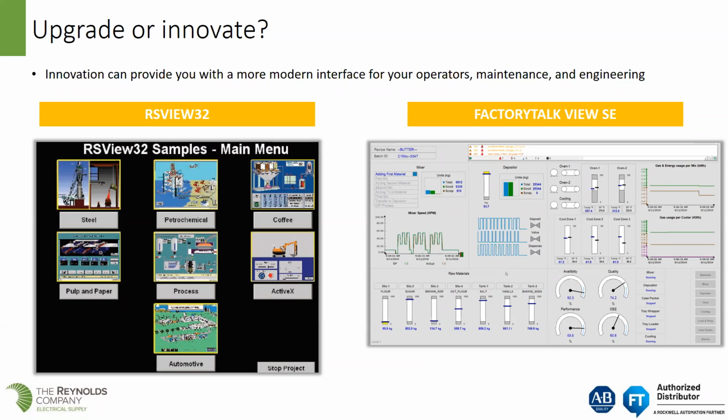RSView32 was introduced for the PLC5 and SLC architectures, in the mid-90s, when we thought of graphic displays as being highly colorful objects, much like color computer monitors.